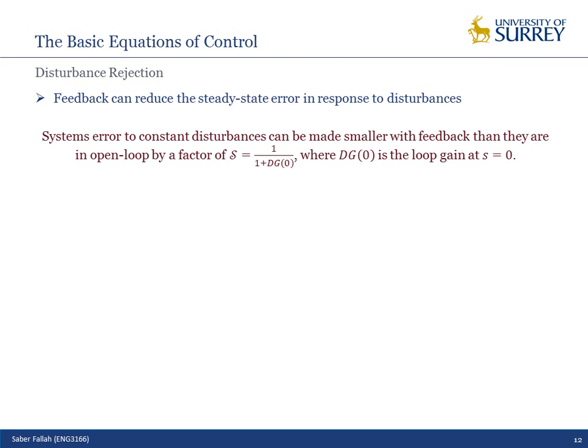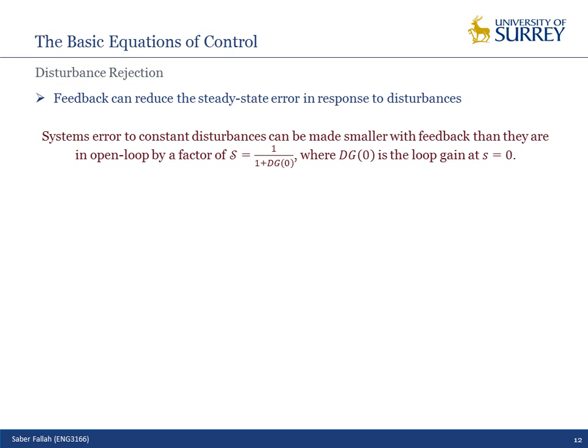So, as a general idea, the system's error to constant disturbances can be made smaller with feedback than it is in open loop by a factor of 1 over 1 plus dg0, when s goes to 0, where dg0 is the loop gain at s equal to 0. Keep in your mind, this is an important definition.